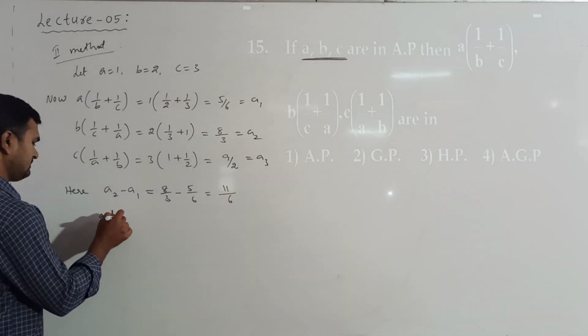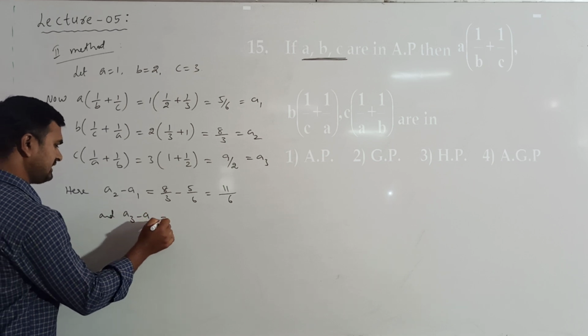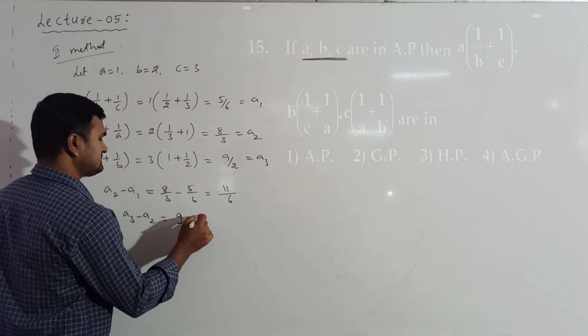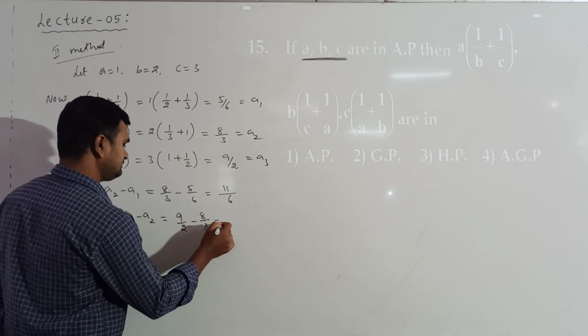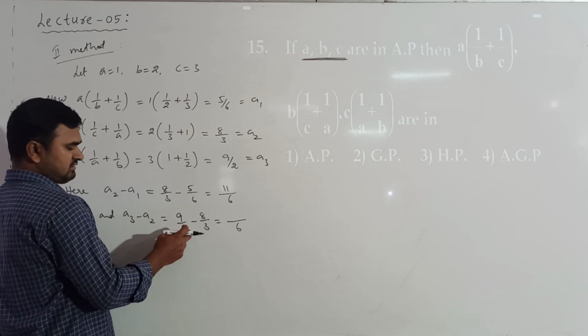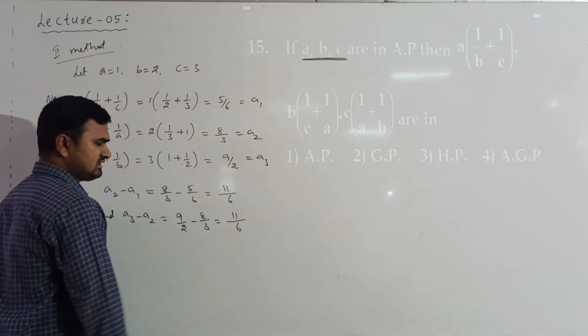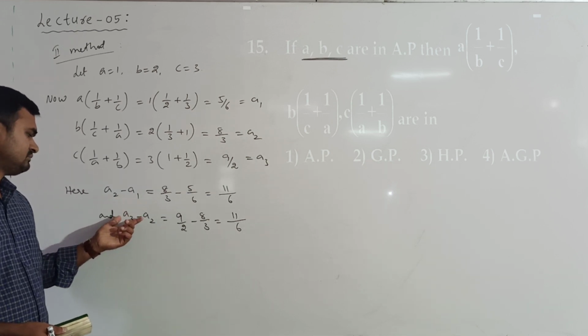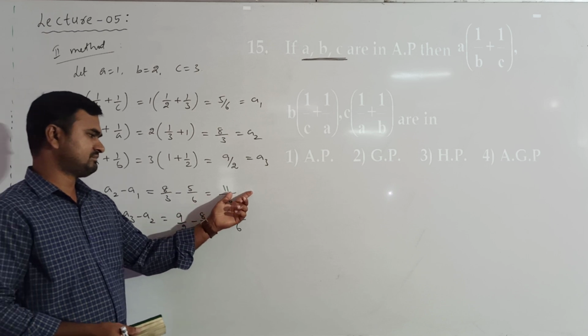And what is A3 minus A2? A3 is 9 by 2 minus 8 by 3. Again LCM is 6. 27 minus 16, it is 11. So clearly we can see that A2 minus A1 and A3 minus A2 both are same.